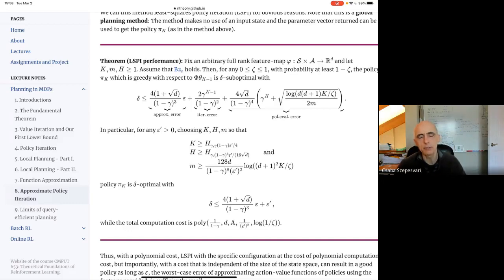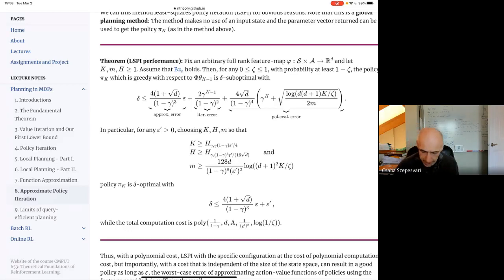So one of the 1 over 1 minus gammas can be justified by saying that it's the scale of the functions. If you want to talk about relative errors, you could normalize things, and then one of the 1 over 1 minus gammas would go away. But we still have 1 over (1 minus gamma) squared. Do we really need that to be there?